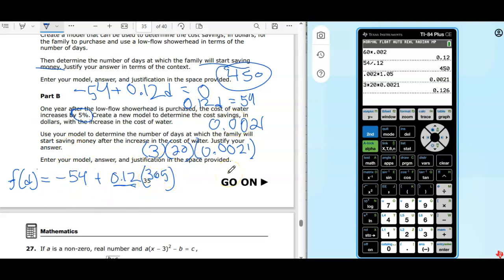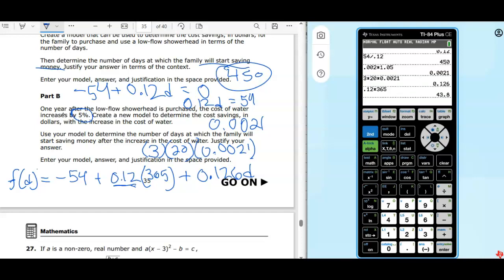All right, so this is how much I have saved so far by buying this shower head. And then now, after that point, we're looking at saving an amount of, instead of 0.12 cents, 0.126 cents per day. So I have sunk costs, spent $54 plus saved 12 cents times 365, which is 43.8.